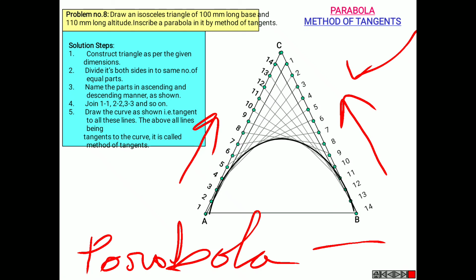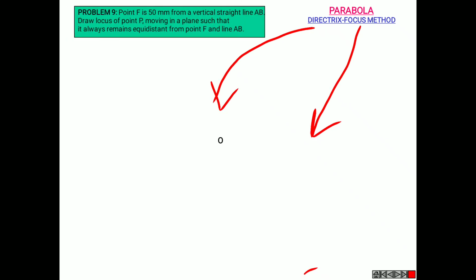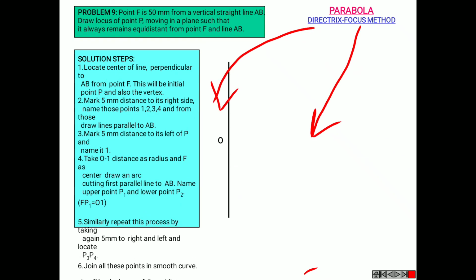And then we have moved to the third step, which is nothing but the directrix focus method. In this, firstly we will draw a directrix, a vertical directrix line AB, and from the center draw a horizontal line, the axis, of about 50 mm.